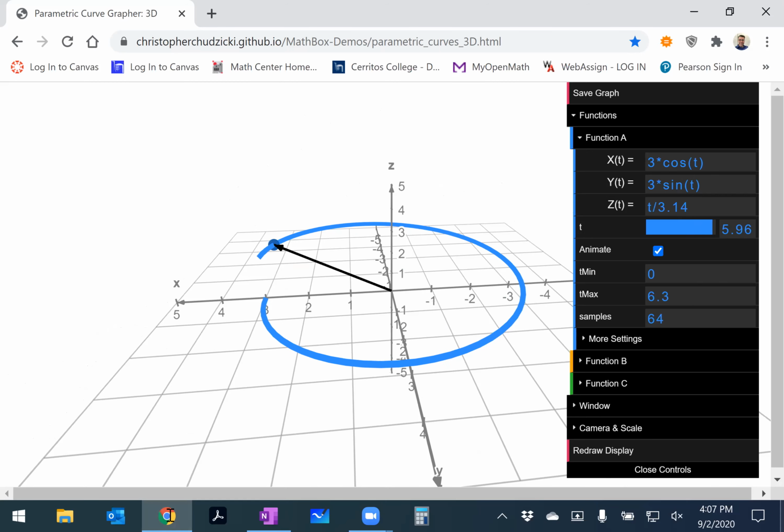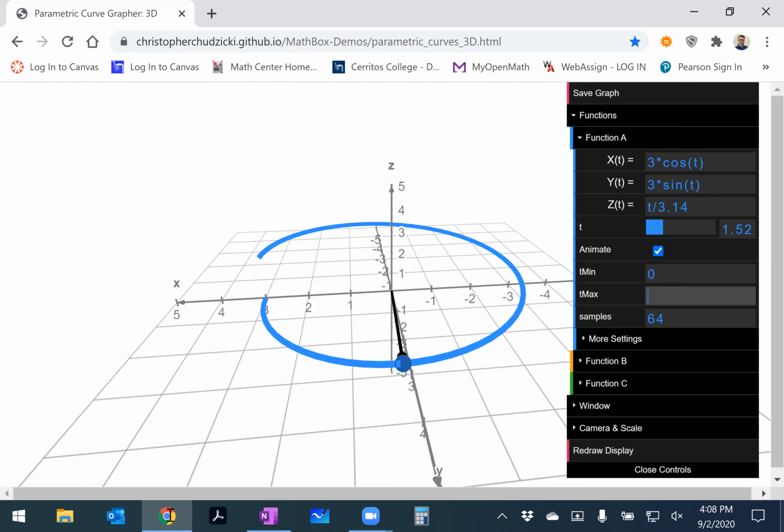If I let t go to a t max of, let's do 4 pi, let's allow this thing to go 2 cycles. 4 pi is 12.6.